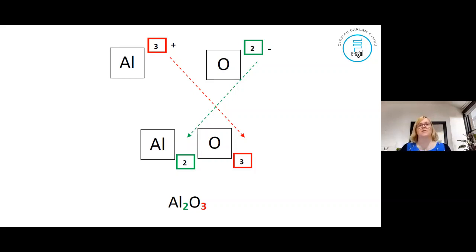So any positive ion, no matter how positive it is, will have to be balanced out and cancelled by an equivalent number of negatives. It's a case of any positives multiplying to a point where they can be cancelled out by a multiplication of the negatives. Totally zero, totally neutral if you've applied the crisscross rule properly.